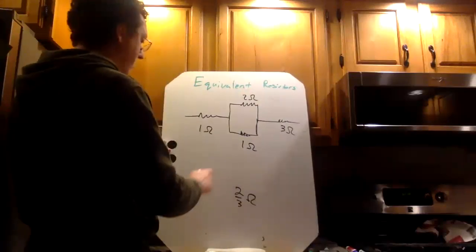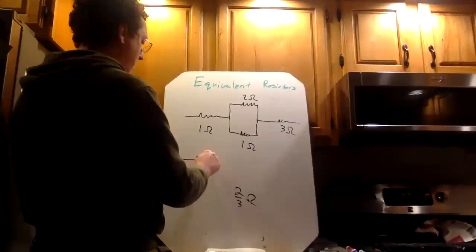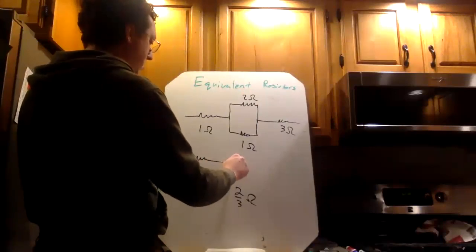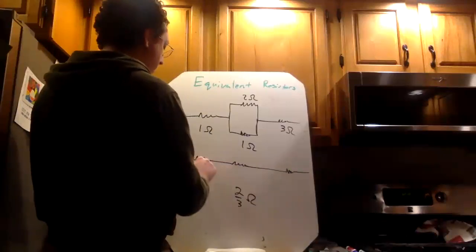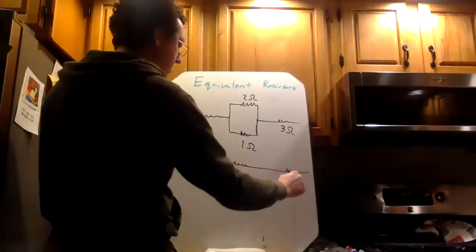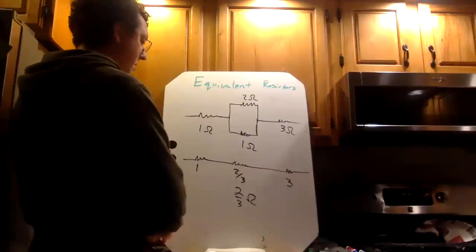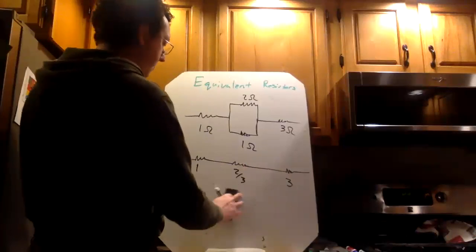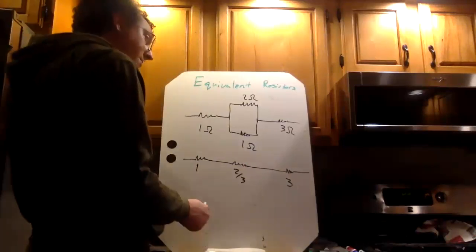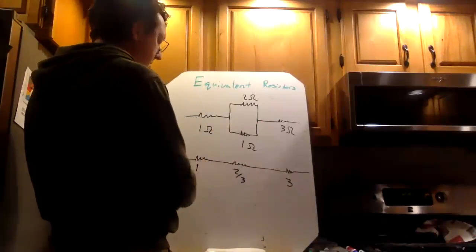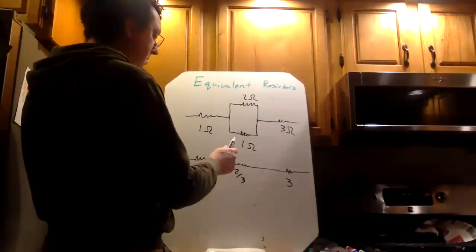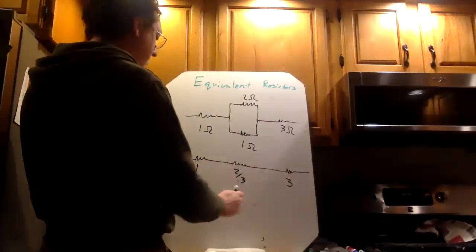So now I can redraw the circuit here as 1 ohm, 2/3 ohms, 3 ohms. And combining those, common denominator 3, I have 9/3 plus 3/3 gives me 12/3 plus 2/3 gives me 14/3.